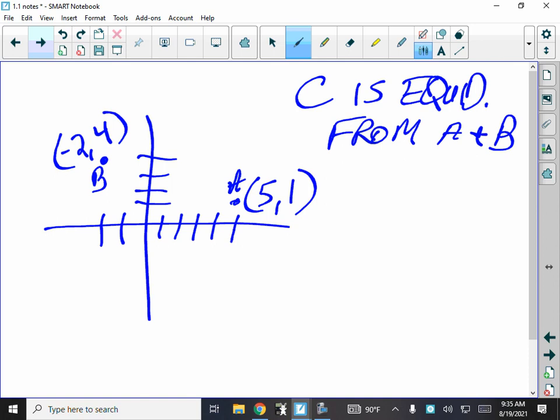C is equidistant from A and B, and I'm going to say that its Y value is, let's make it negative, I don't know, -6.